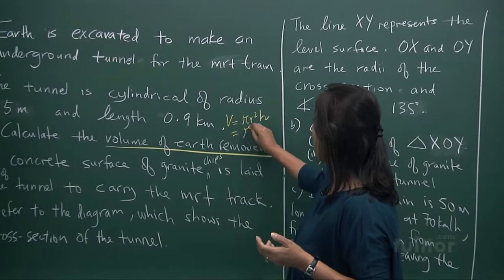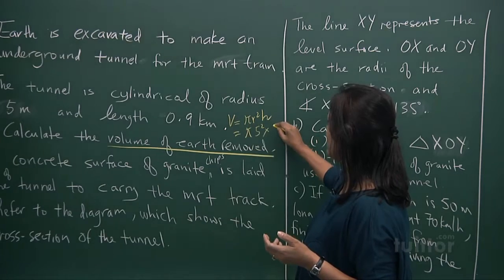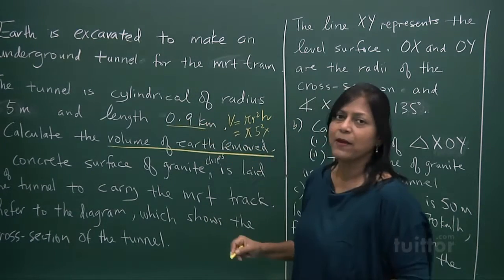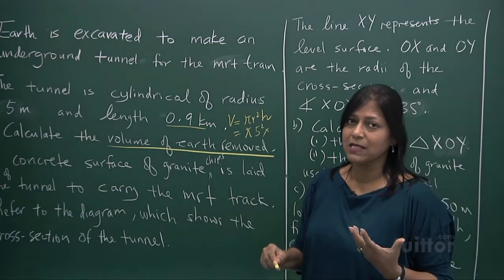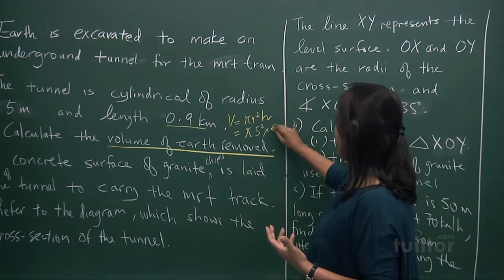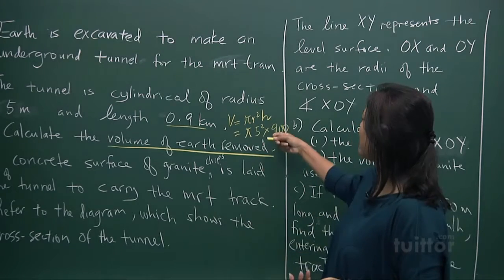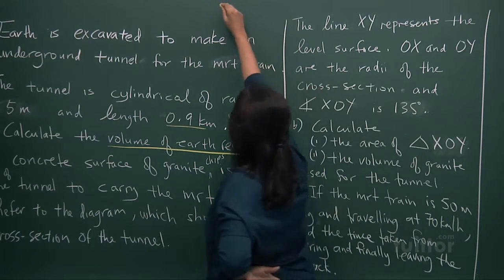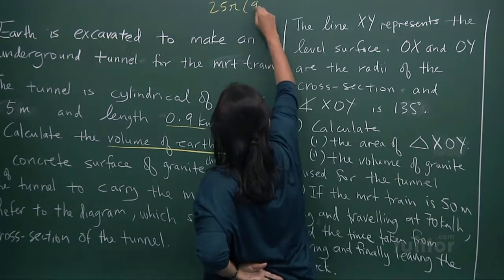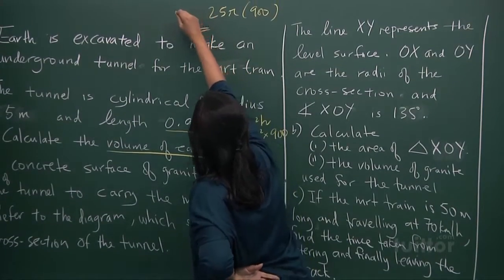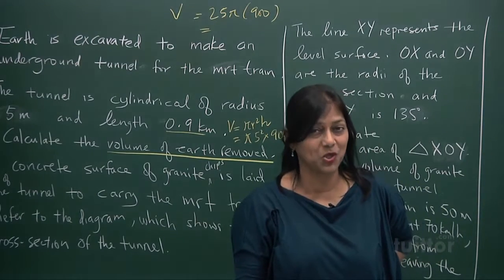So let's put it as pi, r is 5 squared, and h, change it to meters, will be multiplied by 1,000, right? Because 1,000 meters make a kilometer. So you get 900. Now look at it, 25 times 9. 25 pi times 900. Just out of curiosity, my dear friends, I want to make sure your 25 times table is good.